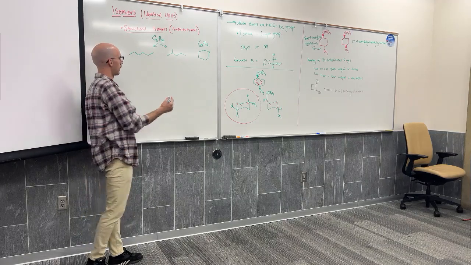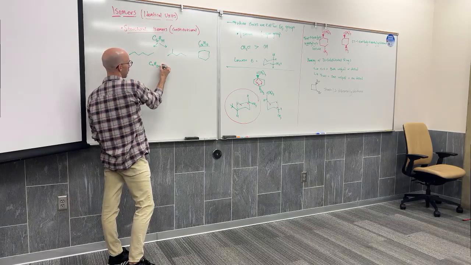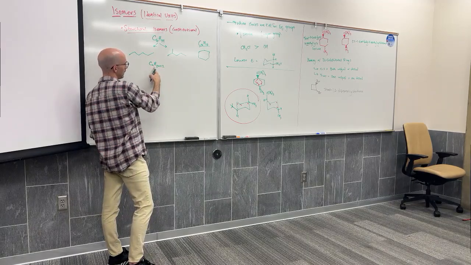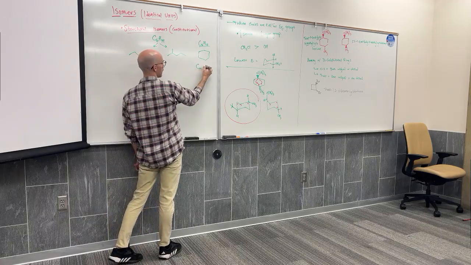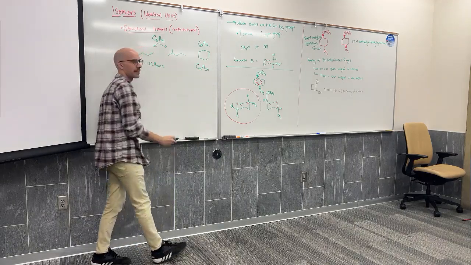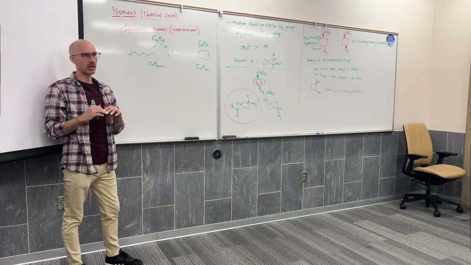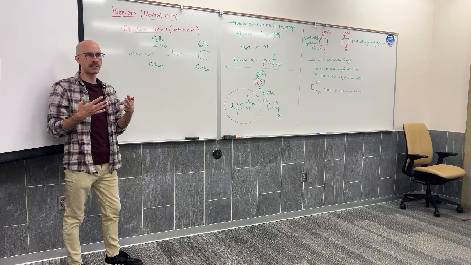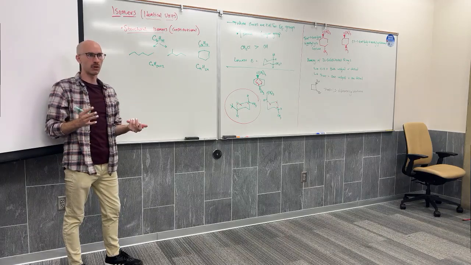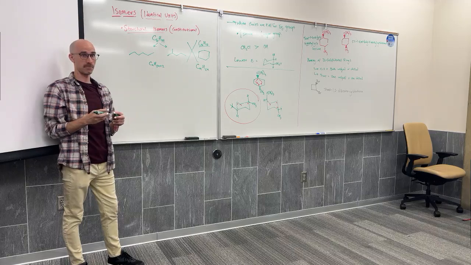In fact, a lot of textbooks like to say that linear alkanes have this generic equation, CnH2n+2, and cycloalkanes have this general equation, CnH2n. Cycloalkanes and linear alkanes will never be structural isomers of each other. They have different chemical formulas. Good.